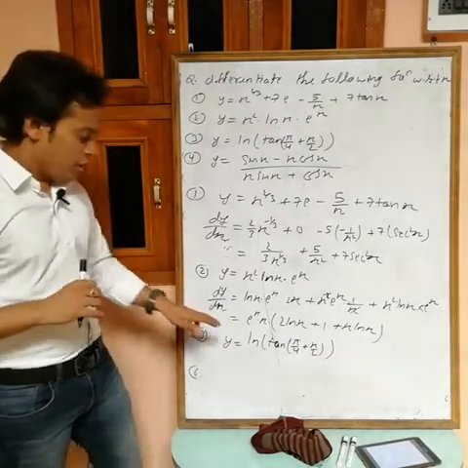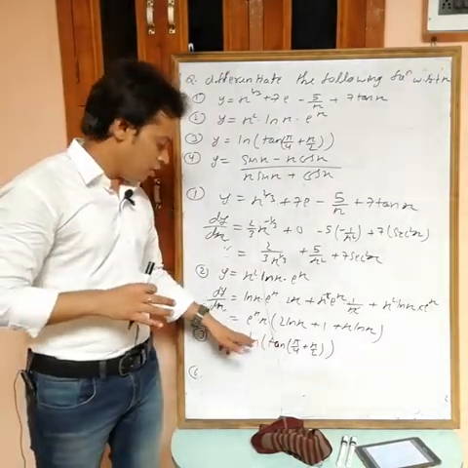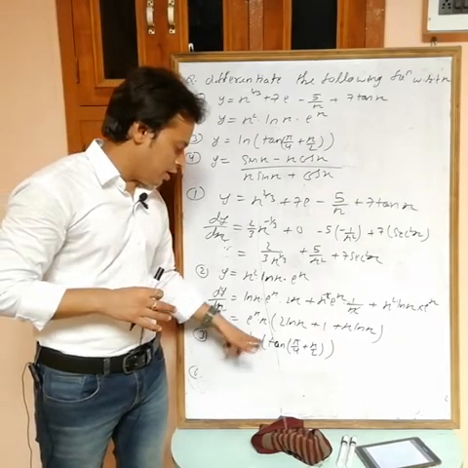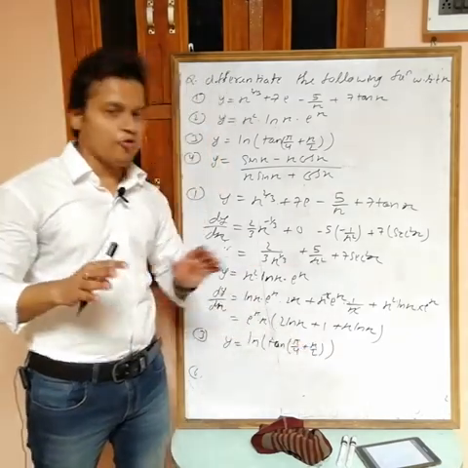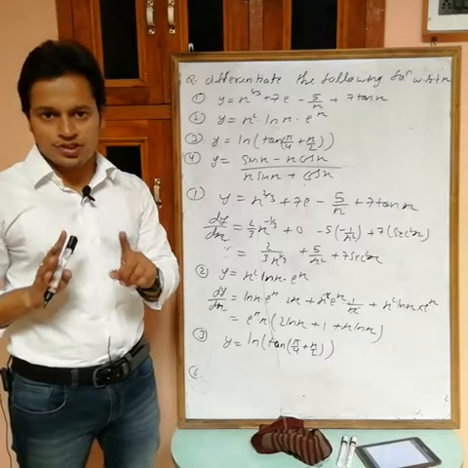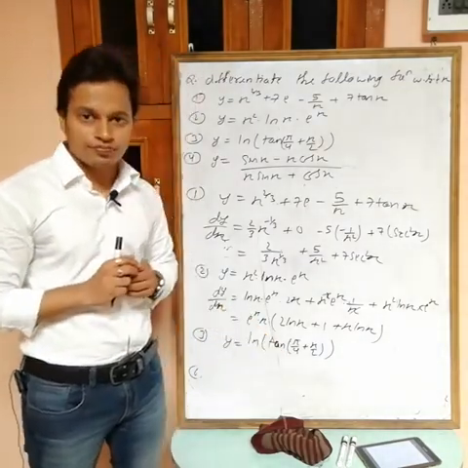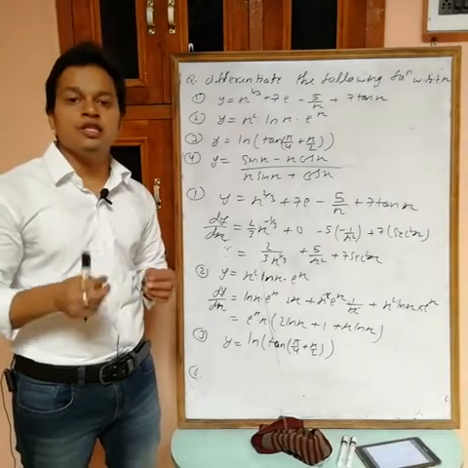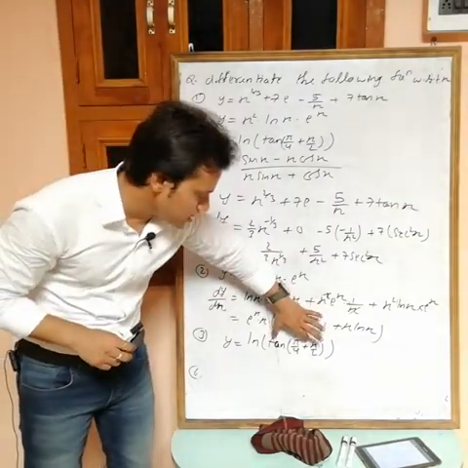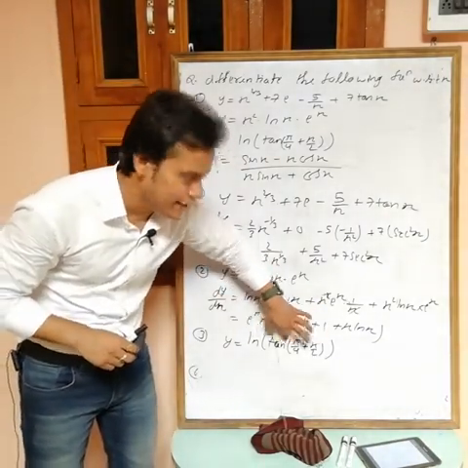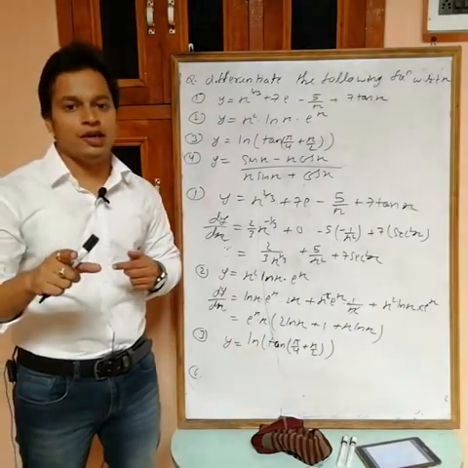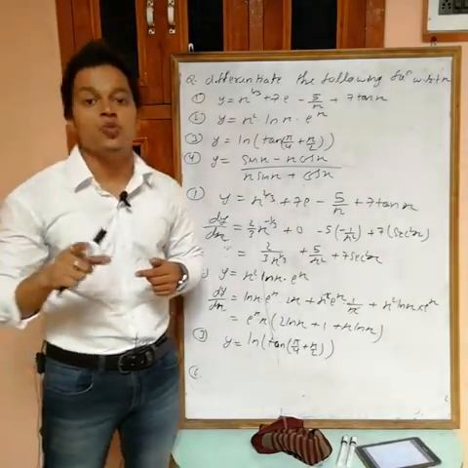Simple. We don't have any formula for ln of tan of (pi by 4 plus x by 2), obviously, but we have a formula for ln x. So for this one we have to apply the chain rule. If I assume this whole thing as x, then this becomes ln x, and I can differentiate ln x. Differentiation of ln x is 1 by x.